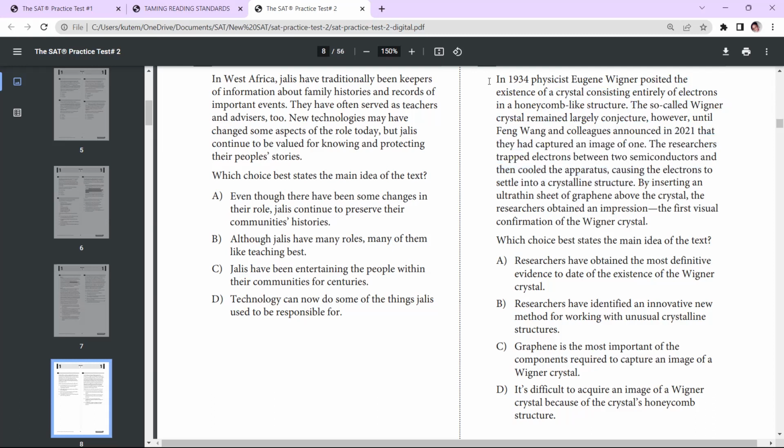So the whole passage kind of comes together talking about how this crystal exists. So A makes sense, and it's also the only one that has accurate information. Everything else has something that's either not accurate or only from one little line and not really capturing the main essence of the passage. Yeah. So do we have any questions?